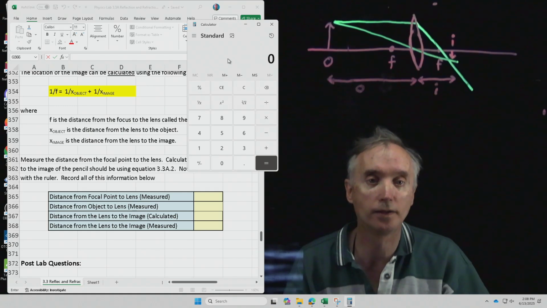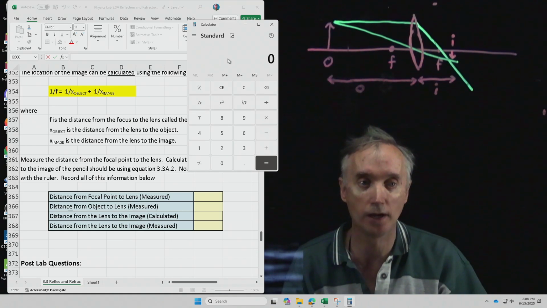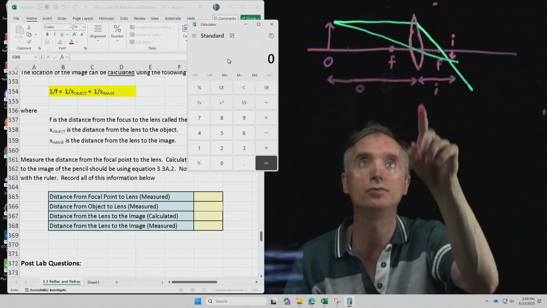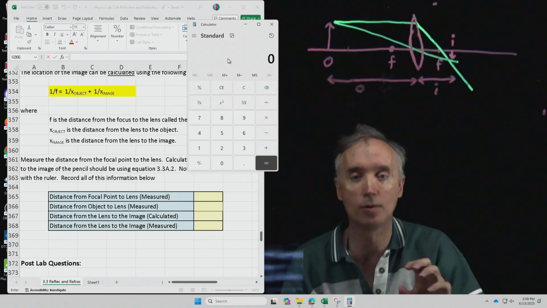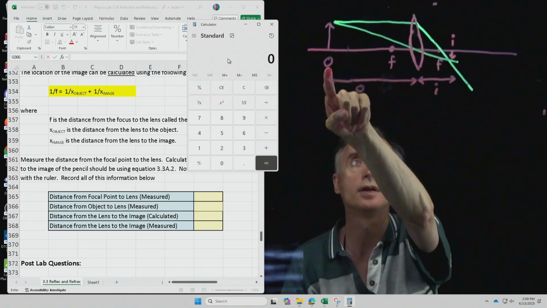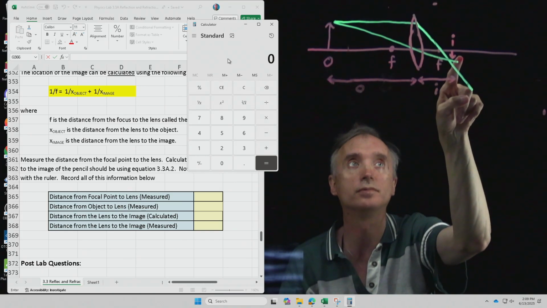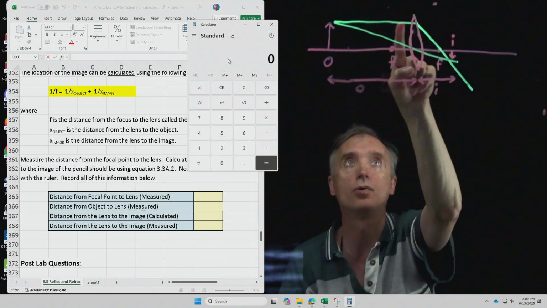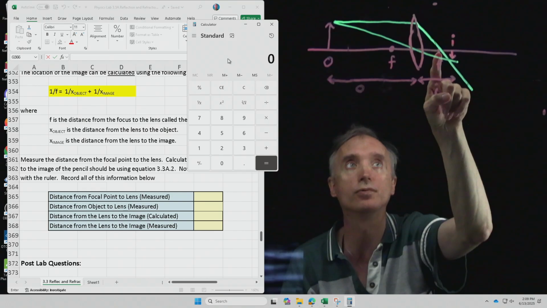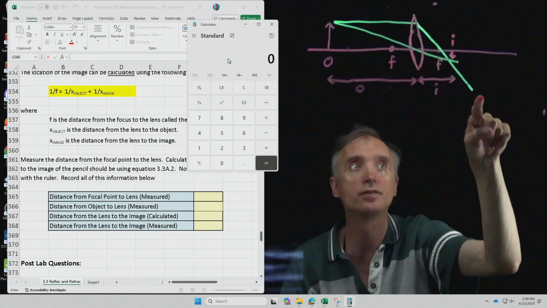Okay, I'm back, and now we want to calculate where the image would be located. In our previous segment, we used geometry to figure out where the image would be. This is the object, and this is the image. We said to draw a horizontal line, and when it hits the lens, ricochet it through the focal point and just keep on going.